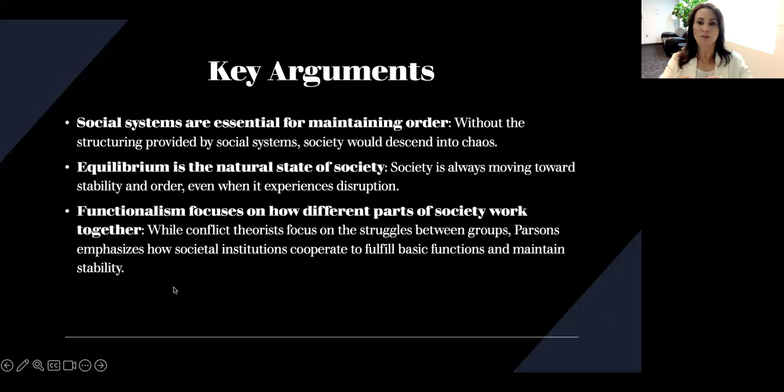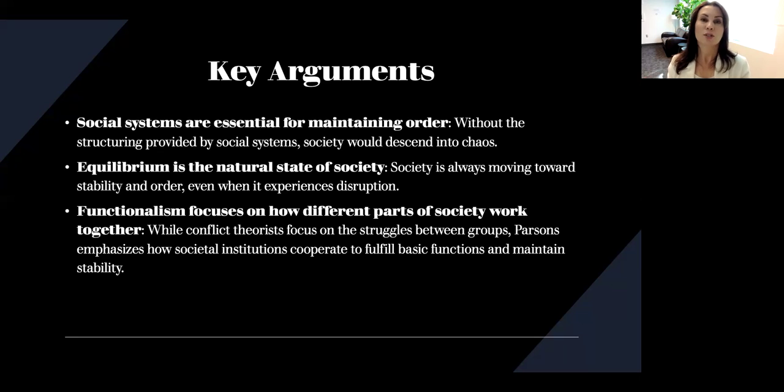So to bring all of them together, the key argument is that social systems are essential for maintaining order or equilibrium in society. Without the structuring provided by social systems, society will descend into chaos. Equilibrium is the natural state of society. So society is balanced, and I give so much credit to that.